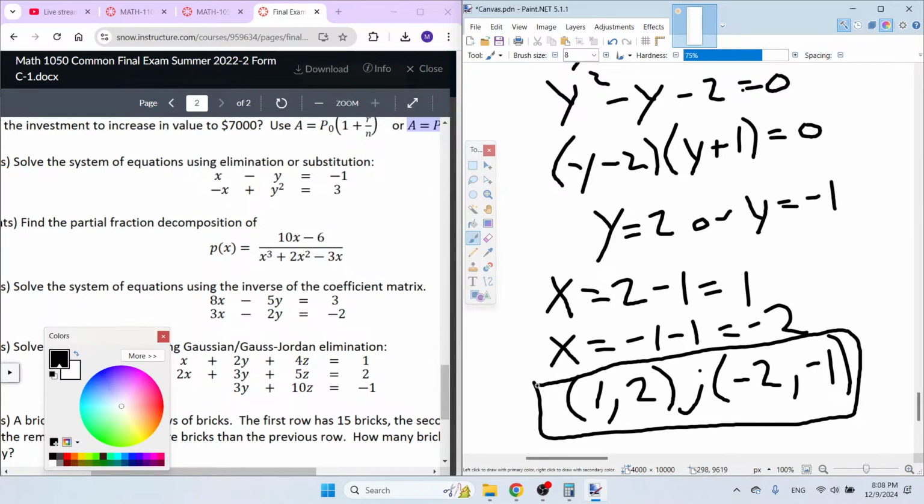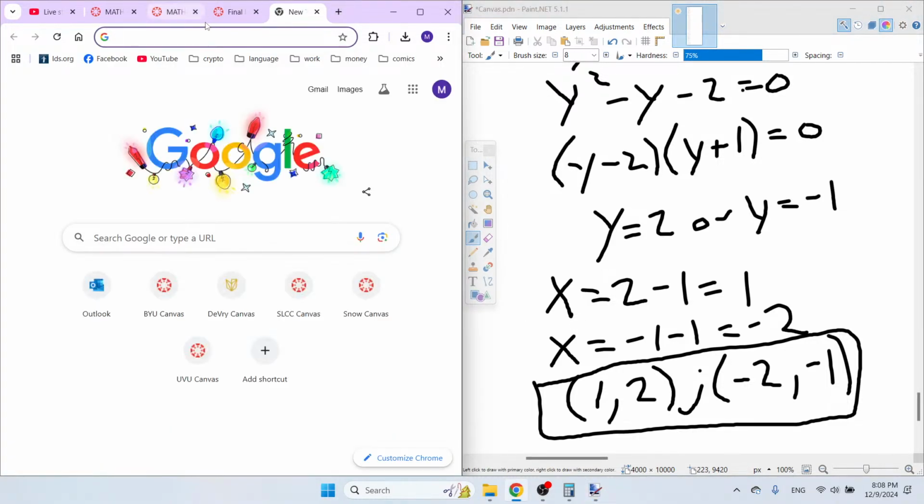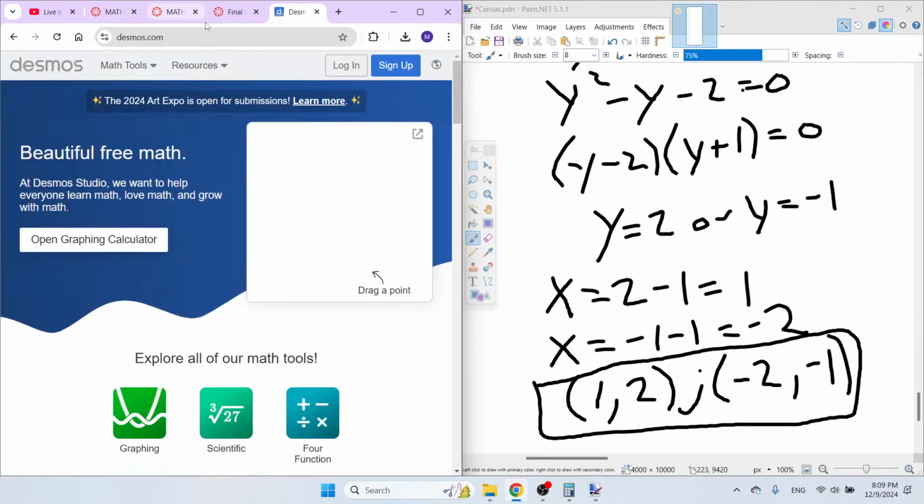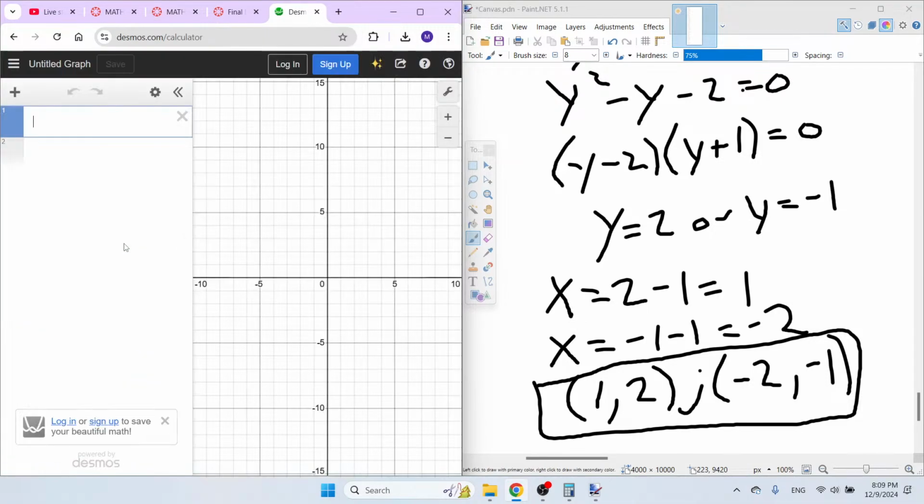So we have a parabola that opens sideways and a line that cuts across the parabola and hits it in these 2 points. If we want to check these answers, we can use Desmos. Desmos is really nice for practicing graphing.